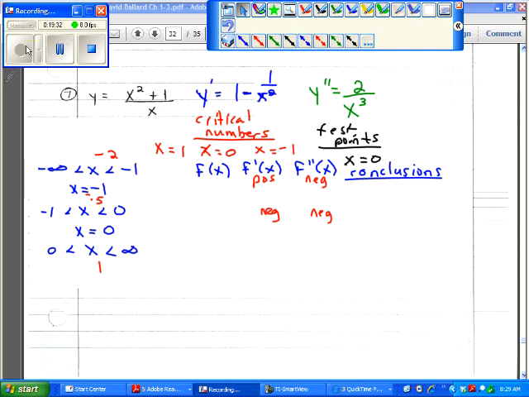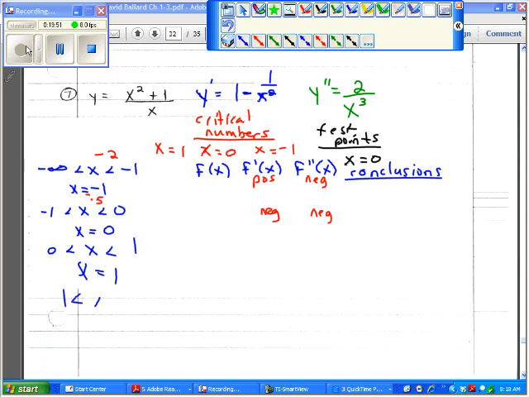We really should have done a better job of getting our critical numbers. So this is to 1, and then we're going to have an x equal 1, and then we're going to have from 1 is less than x is less than positive infinity. Now we have all of our critical numbers.